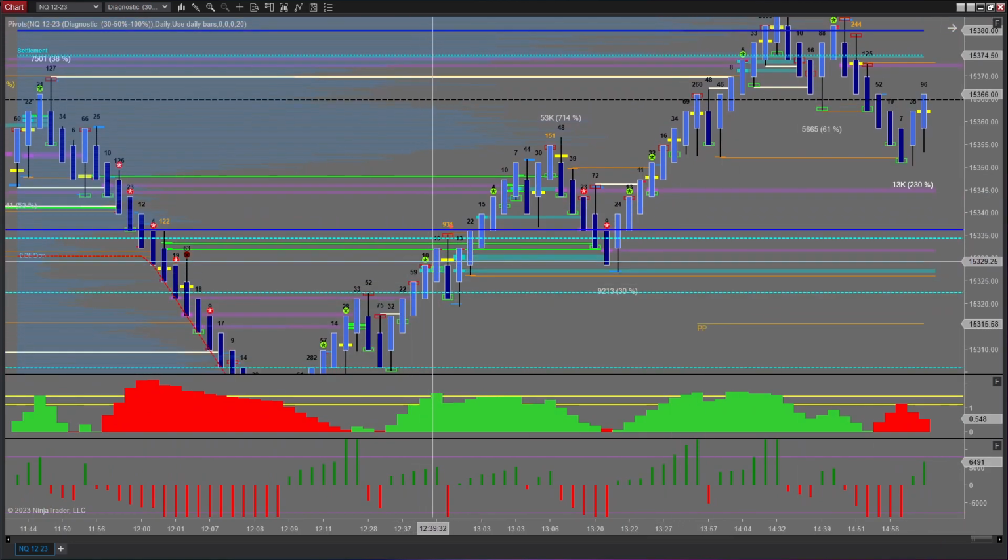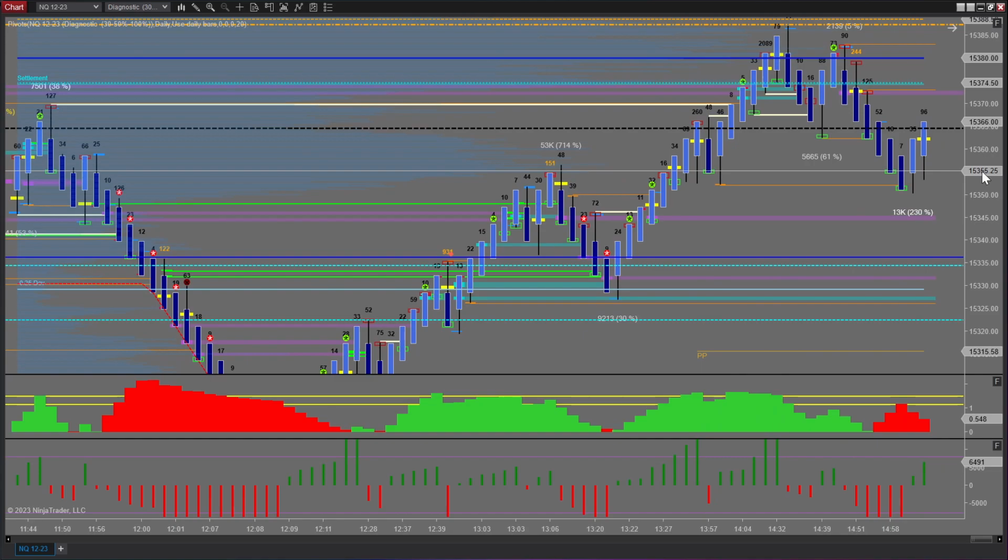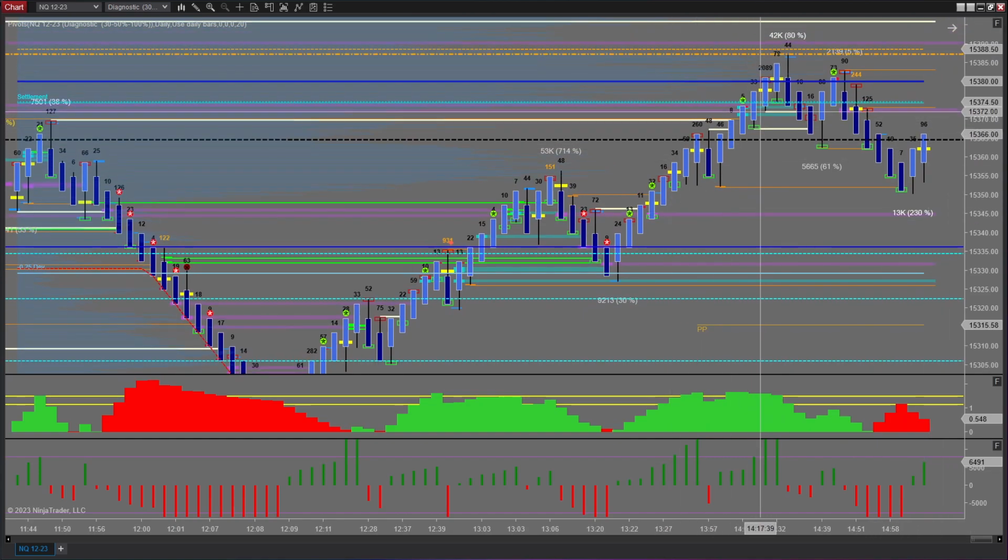Once it did go past the 0.25 though, came back down to the 0.25 deviation, we had the star, low volume score, zone of interest. I got back in here. My target was settlement.